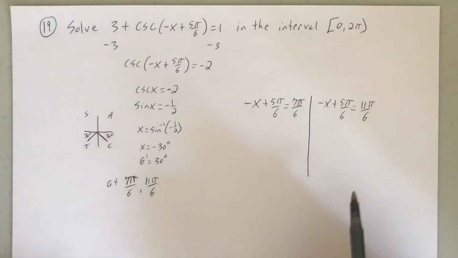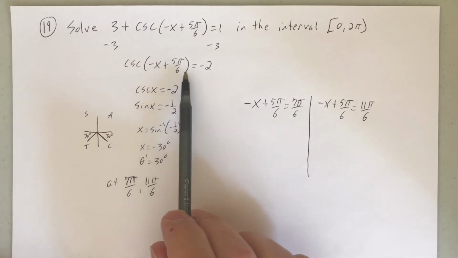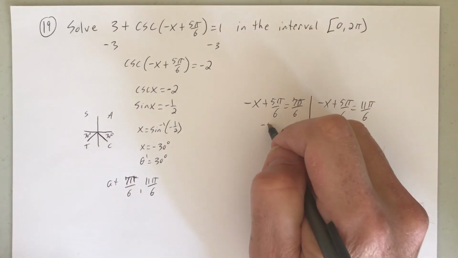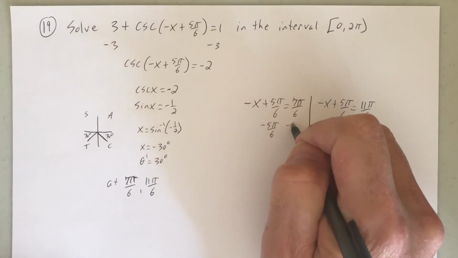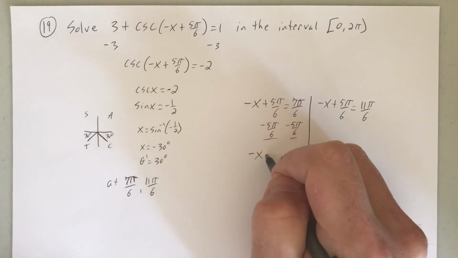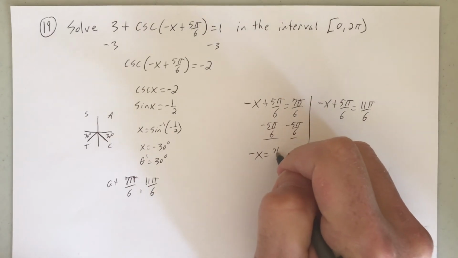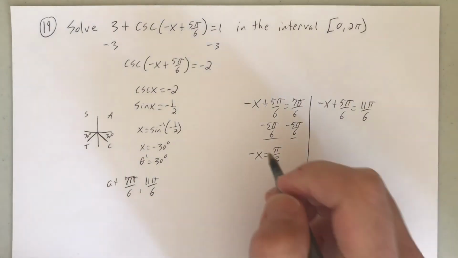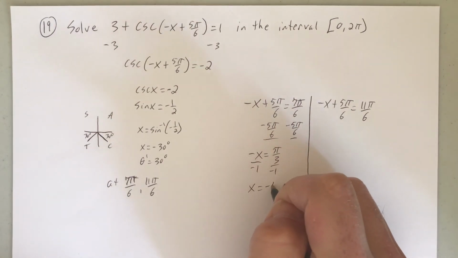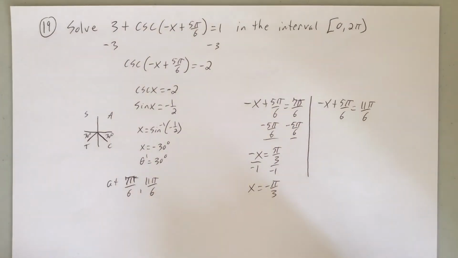So this is going to correct for the shift that we have in this equation. So when I solve this, I'm going to subtract 5 pi over 6 from both sides. So I get negative x is equal to pi over 3. Then I'm just going to divide by negative 1, and I get x is equal to negative pi over 3.